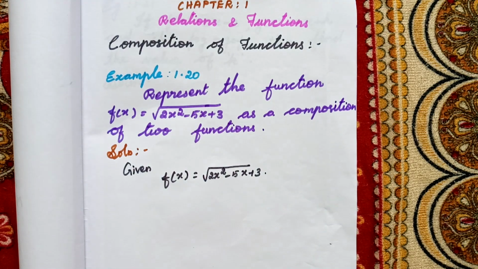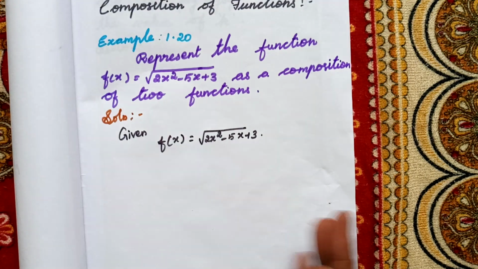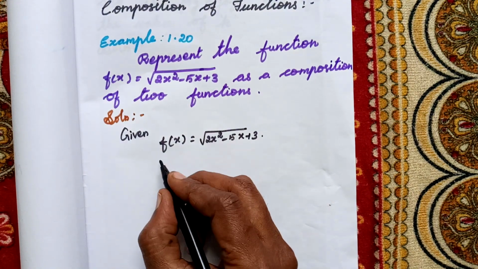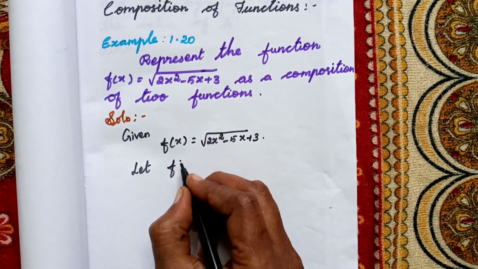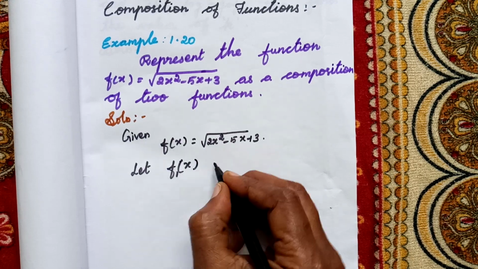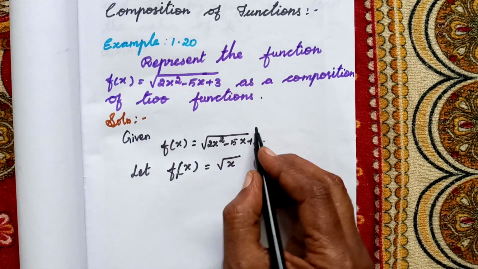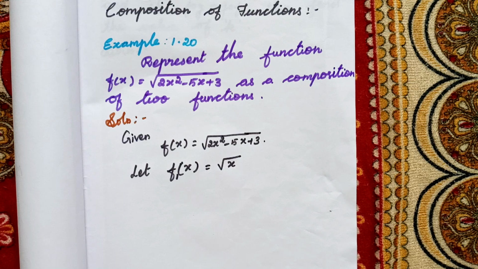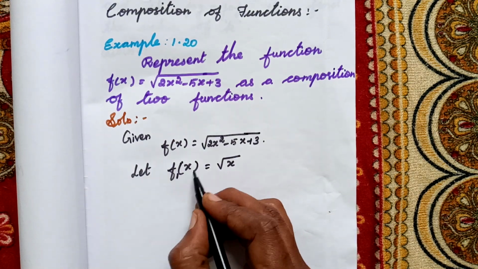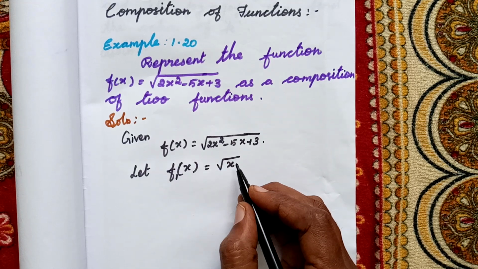First, I am splitting this into two functions, f1(x) and f2(x). Let f1(x) = √x. That root I am taking as f1(x), and inside the root the variable is x.